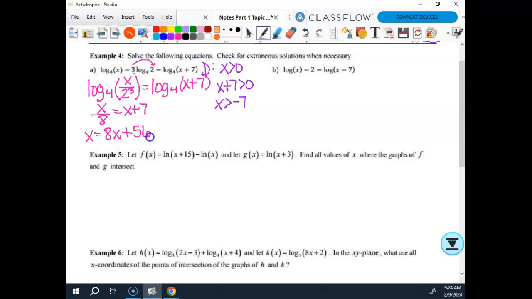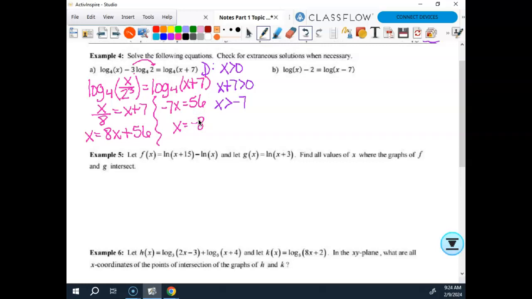Thank you. I got one person that knows their multiplication facts. And so that means -7x equals 56. So what does x equal? -8.